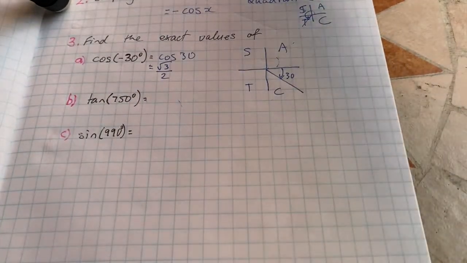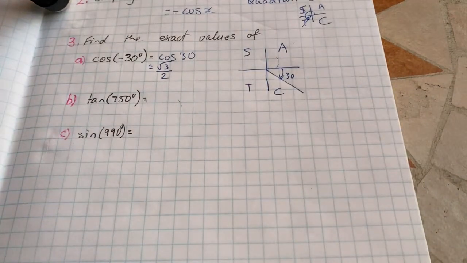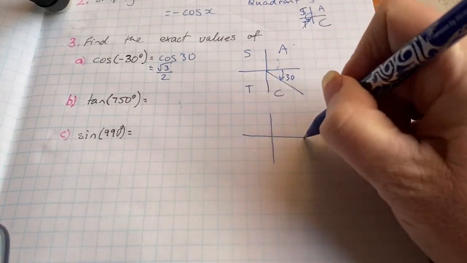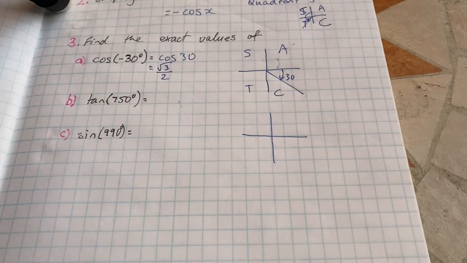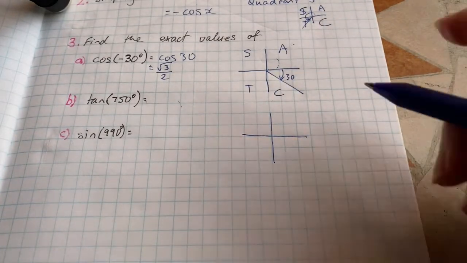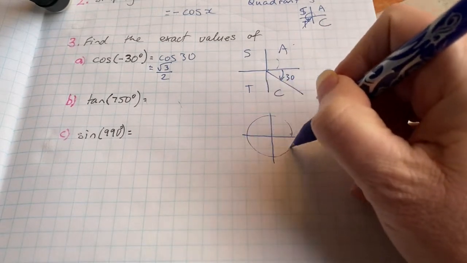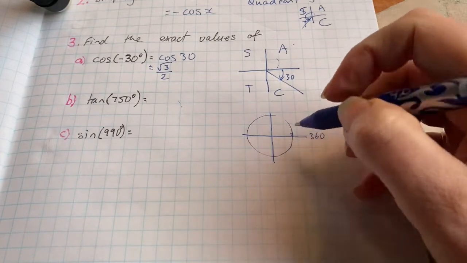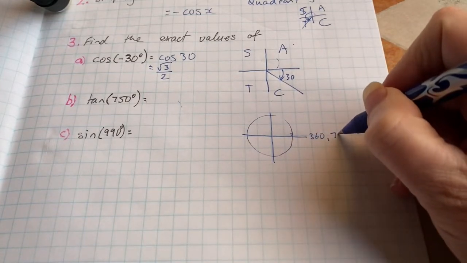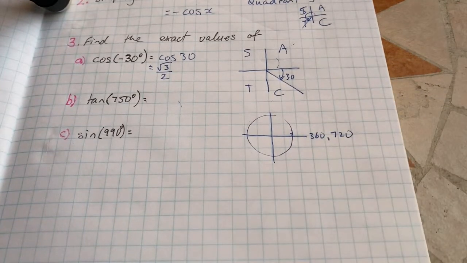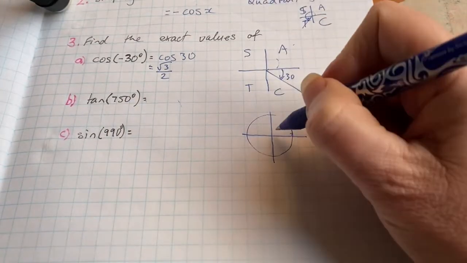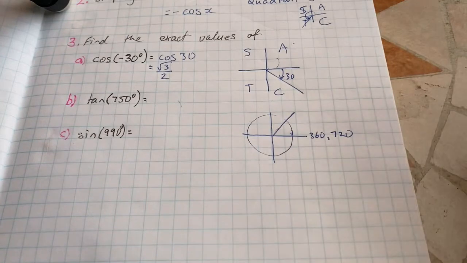Okay, tan of 750 degrees. Now, when you get a big angle like this one, you've got to think, well, I've gone round more than once. So if I go round once, I get to 360 degrees. If I go round a second time, that's 2 lots of 360, so that's 720. So this angle 750 is a bit more than 720, so it's actually going to be back here in the first quadrant again.